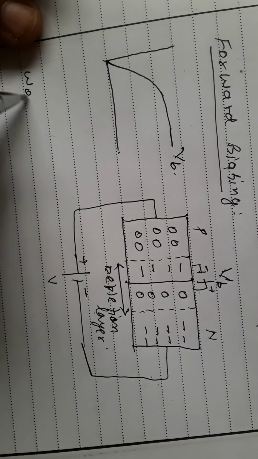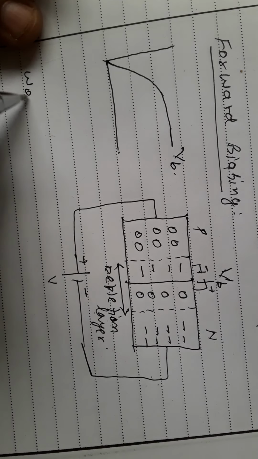So these majority holes enter into the depletion layer, and these electrons also enter into the depletion layer.